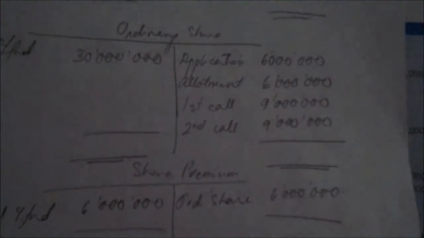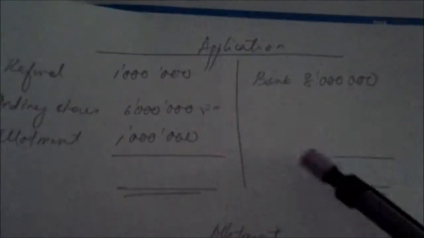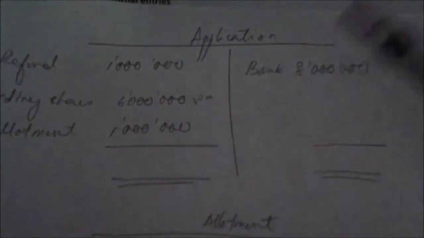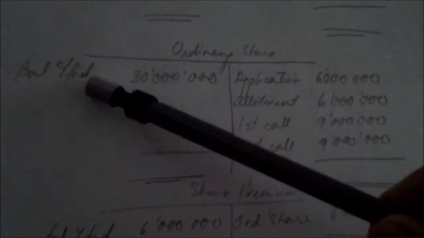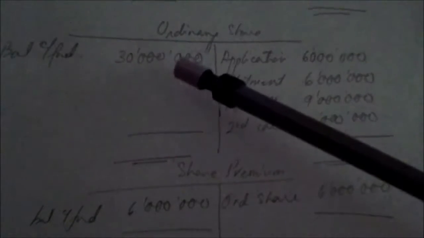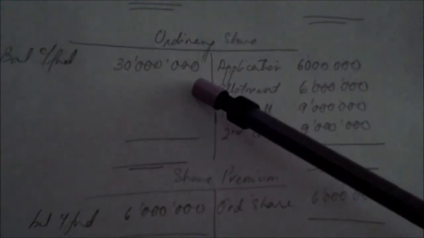At the end of the year when you close the accounts, application has already balanced, so there's no balance and it will balance on both sides. Allotment will also balance, so nothing is to be recorded in the balance sheet. Ordinary shares, you add up all these amounts, and this will be carried forward into your statement of financial position.